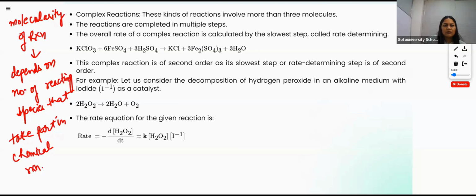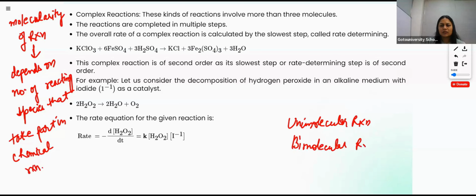Now, the molecularity of a reaction, how many types of reaction are there on the basis of this? There are unimolecular reactions, bimolecular reactions, trimolecular reactions, depending on the molecules or say the reacting species present in the chemical reaction.